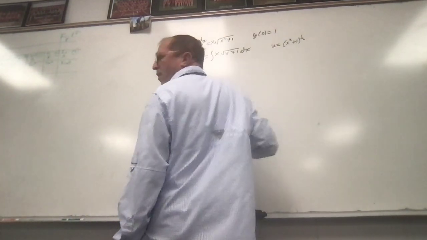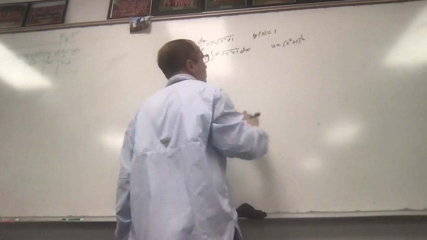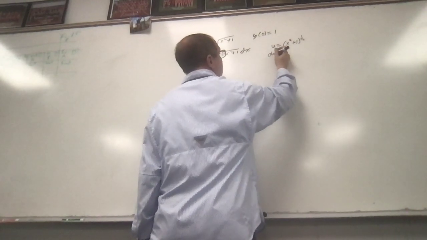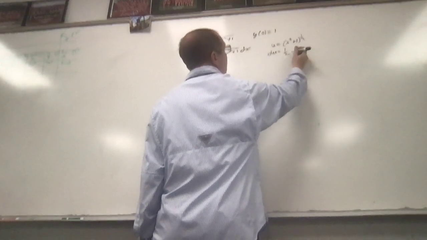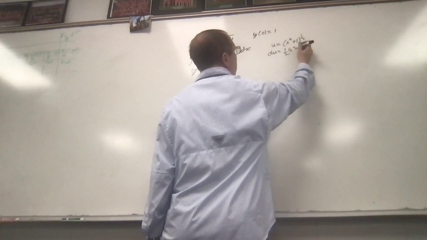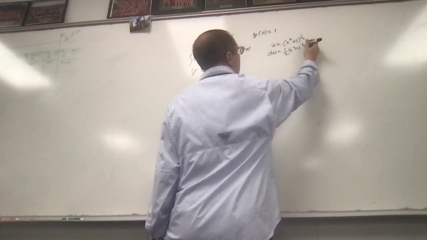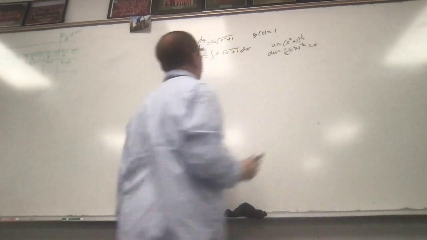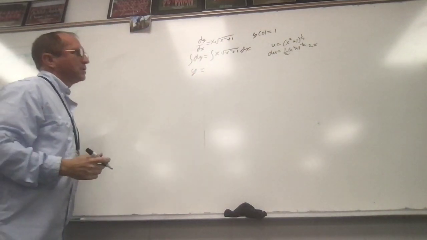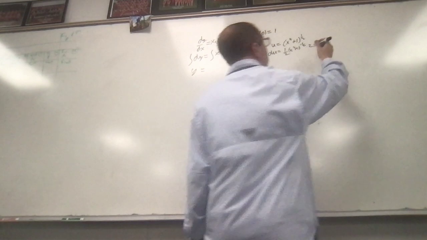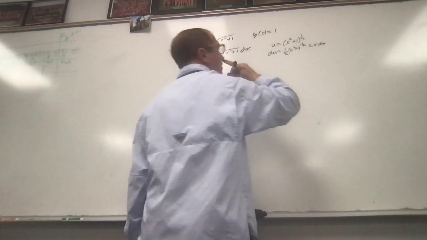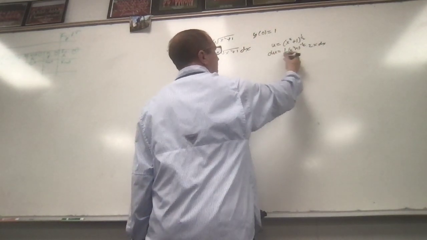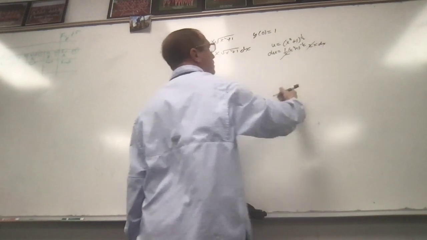y'all don't write this down, it's wrong, but I want you to see what happens when it's wrong. So we get du equals 1/2 of x squared plus 1 to the negative 1/2 power, then times 2x, right? And dx. All right, so here my 2's would cancel.